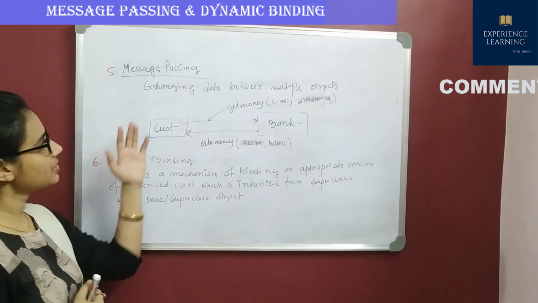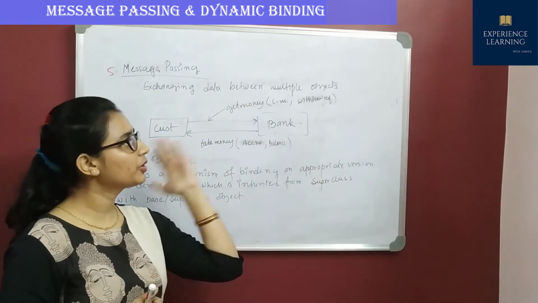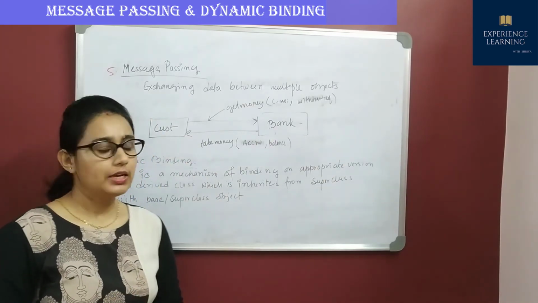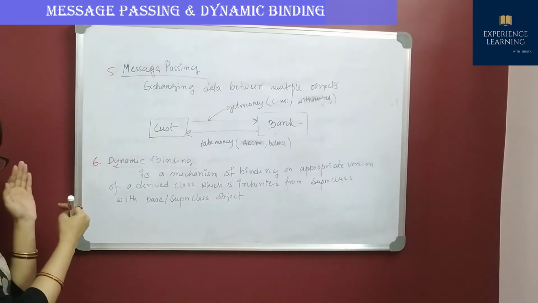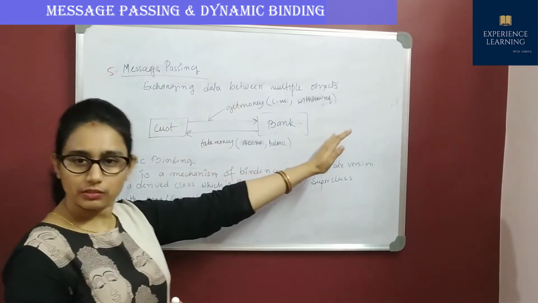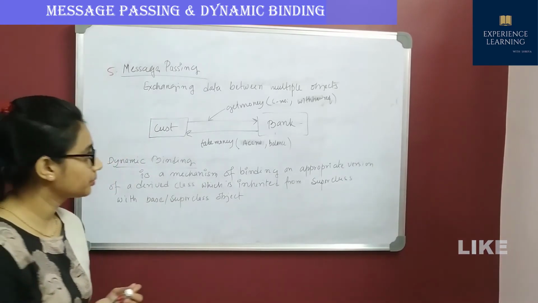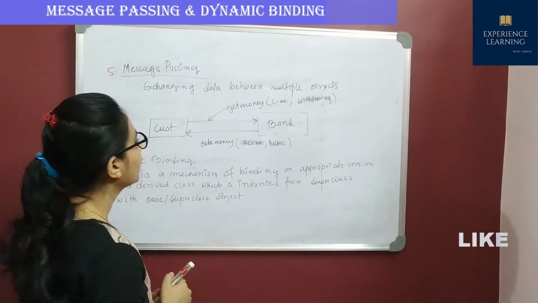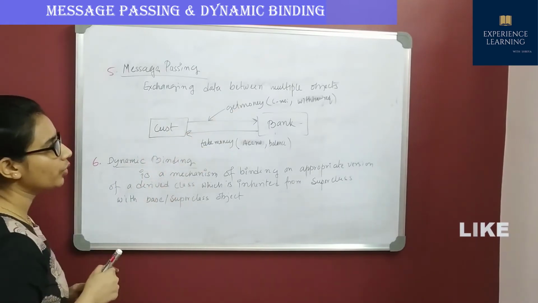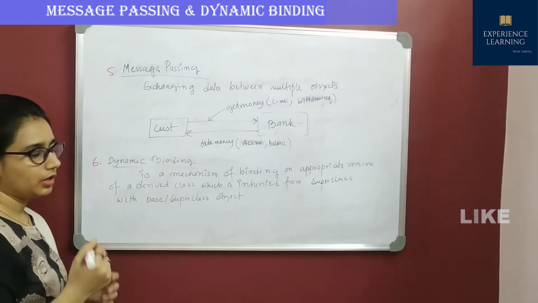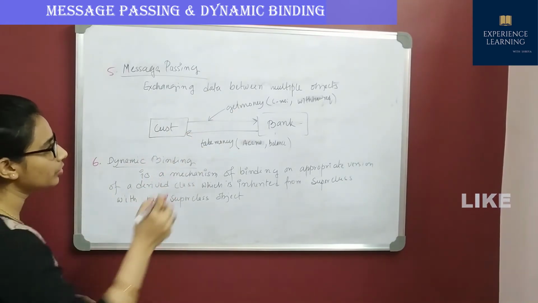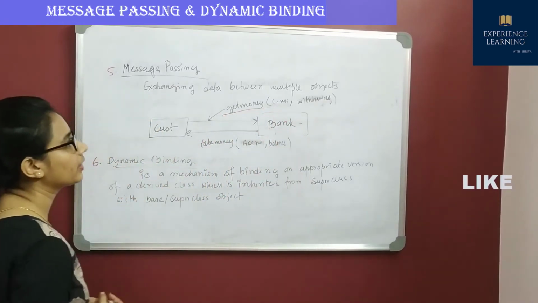So message passing is just exchanging data between multiple objects. Say customer is one object and bank is another object. There will obviously be some meaningful operations, and the customer requests to withdraw some money. We can write a function like get money.